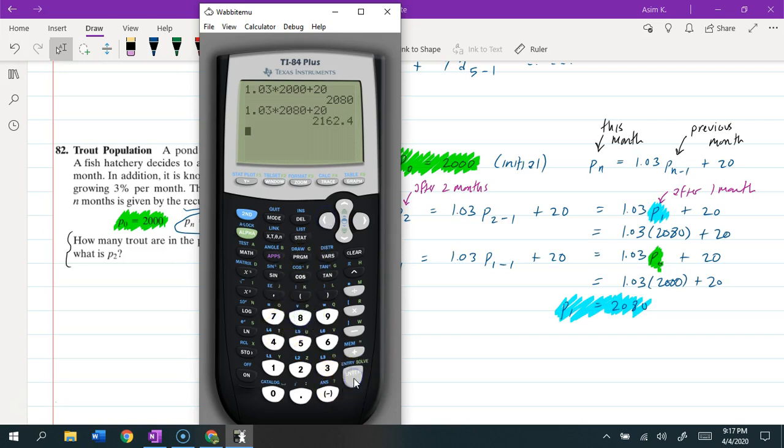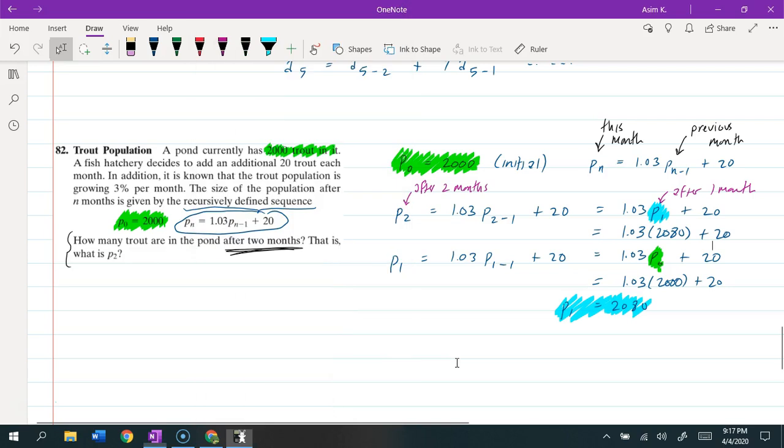And when you do that, you end up with 2,162 trout. All right, so you end up with P sub 2 is equal to 2,162 trout. So you just ignore that last piece that was 0.2 or something like that. Obviously, that would just be a dead trout. It's just a model that we're working with anyway.